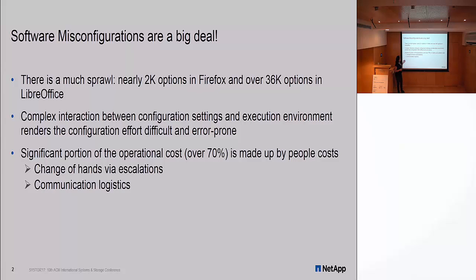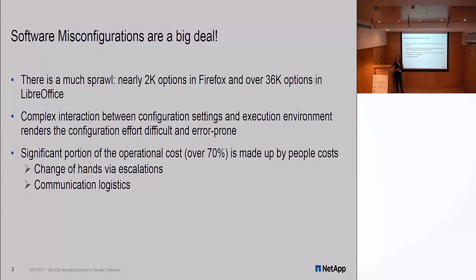The two things that I chose to talk about: one of them is change of hands by escalations. That is when a case gets opened and a support engineer is assigned to it and is trying to figure out what happened. He discovers something and realizes that it requires a different kind of expertise, and then it goes to yet another support engineer, and then he finds out a few things, and there's chaining.